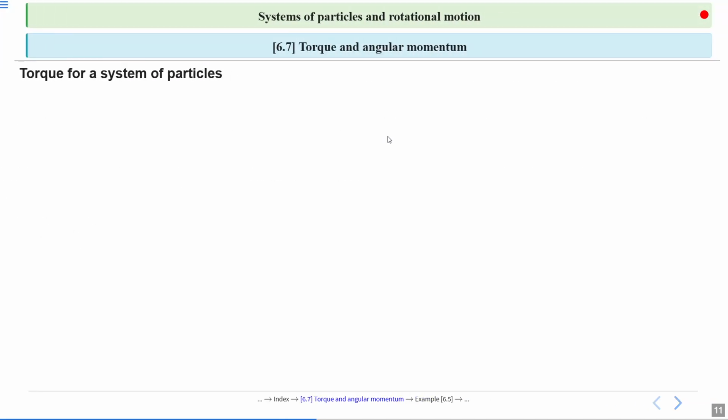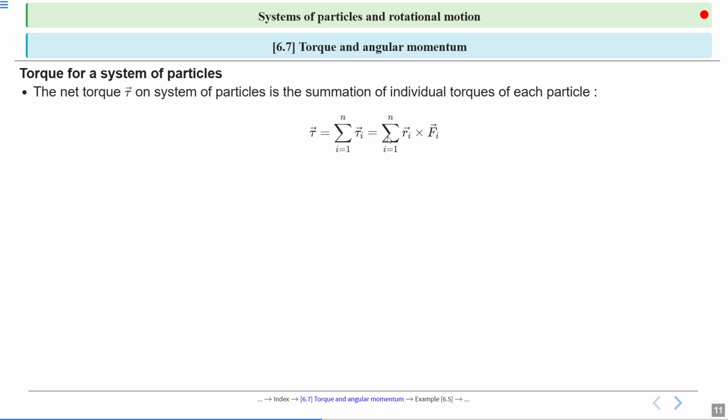The net torque tau on a system of particles is the summation of the individual torques of each particle. So tau equals summation i equal to 1 to n of tau i for the ith particle.